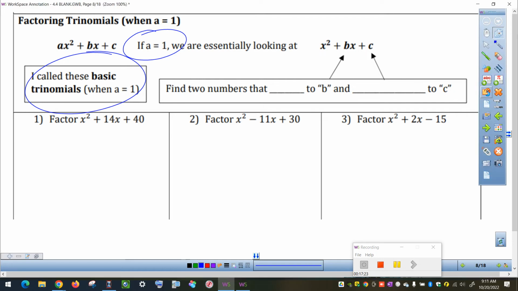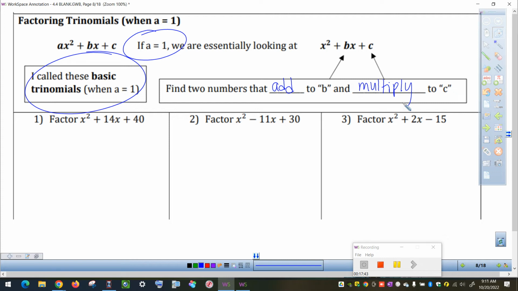Really, it's just x squared plus bx plus c. So writing this out in a slightly different way, we're always going to try to find two numbers that add to b, so it's always adding to the value in the middle, and multiply to c. It's going to multiply to the number at the end.